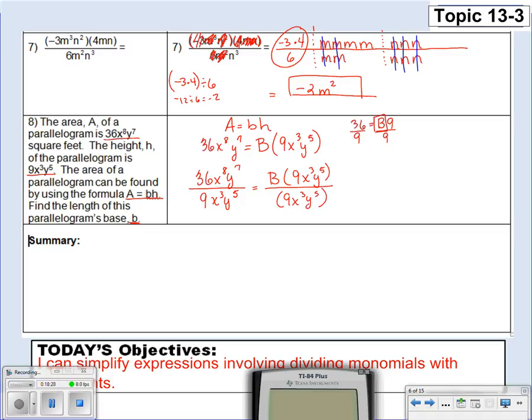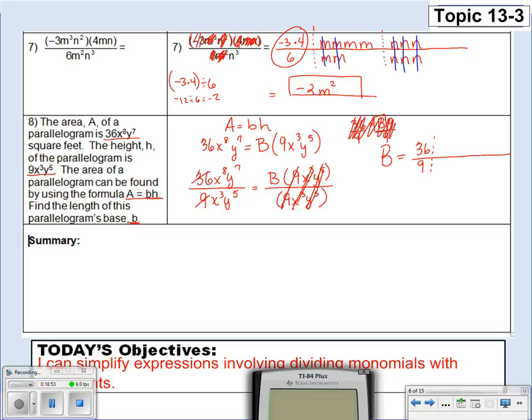And again, with division, if I have something on top that's exactly the same as what's on the bottom, I can cancel them out. So we get our b that's by itself. Let me cross this out not to be confused. B is by itself. I now have 36. Same process. I'm going to put my numbers first, and a 9. Then our x's.